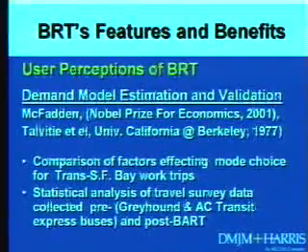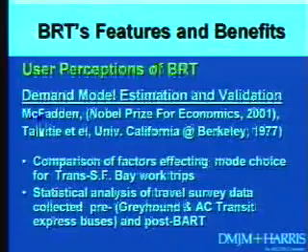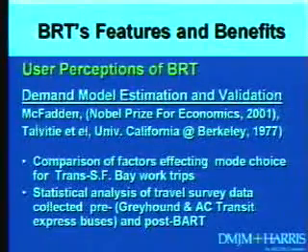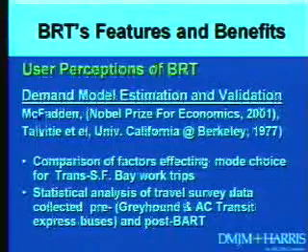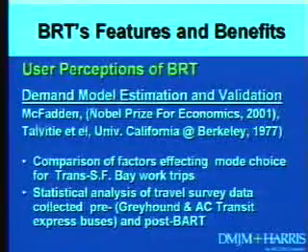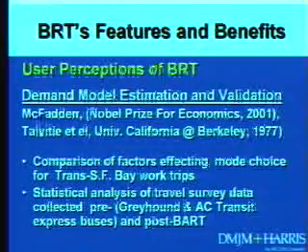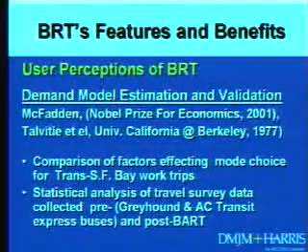So, user perceptions of bus rapid transit. One of the things that's been around for a long time was that there was some inherent attractiveness of rail over buses, and I have to admit, I feel that same attraction. But when the best people in the world look at that, they don't find it.